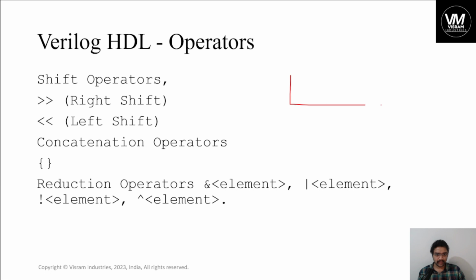Imagine you have an array of elements, a 5-bit data, 1 1 0 1 0. If it is value a and you shift the a, don't worry about syntax, guys, I am explaining the functionality of the shift. When you explain to the Verilog HDL and to the machine or EDA tool, you say shift.